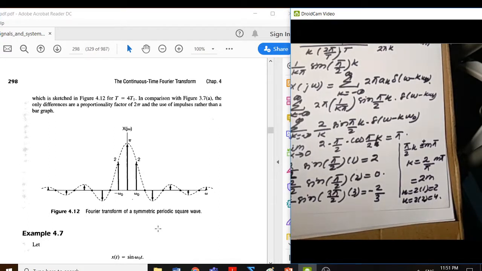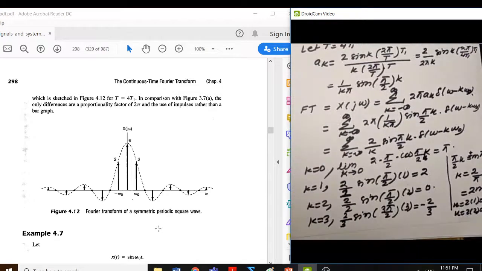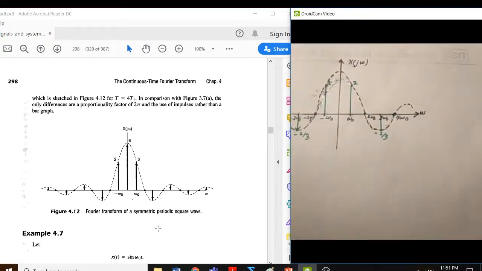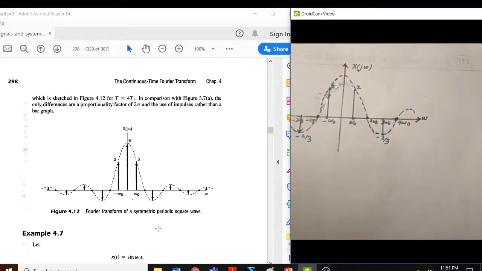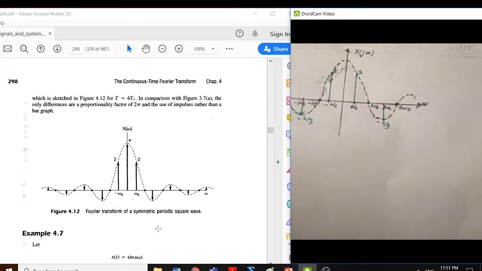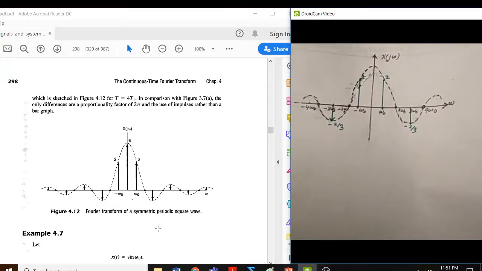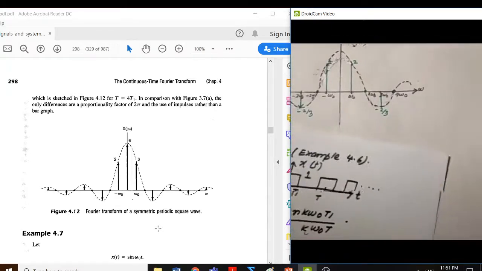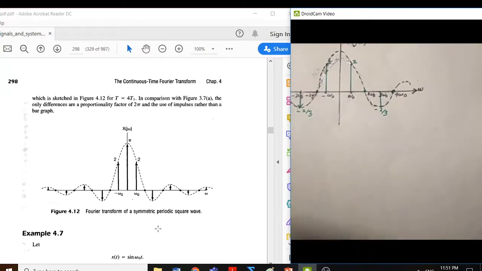So given these values, let's plot this function, and I've taken the liberty of plotting this function over here. Let me put my values over here so that we can observe them easily.